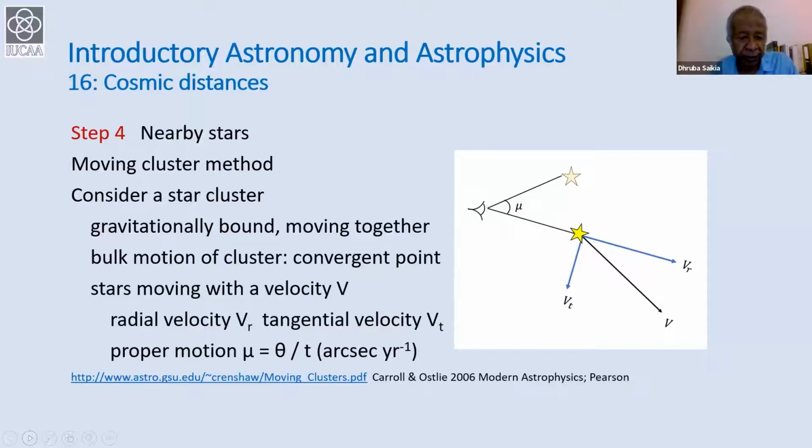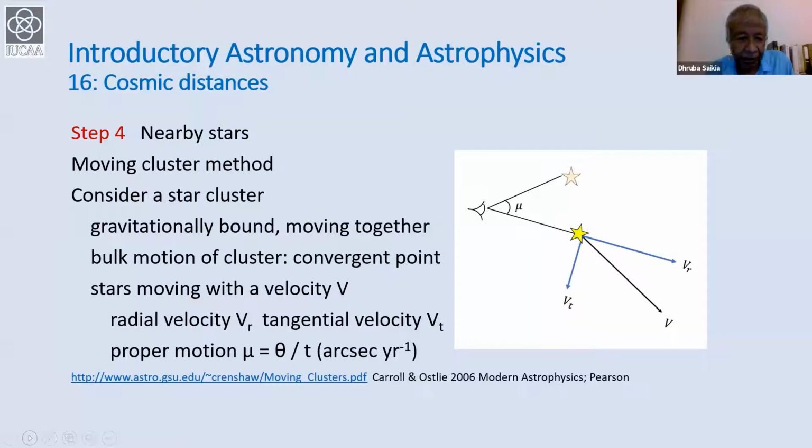Sometimes star clusters could be moving closer towards you or away from you. But for argument's sake, let's consider a cluster which is moving away from you. Now the cluster has many members, and just as you would see, for example, cars going in parallel along a multi-lane highway, they would all appear to converge to a point. So the stars moving with a certain velocity in a certain direction will also appear to converge towards a point.